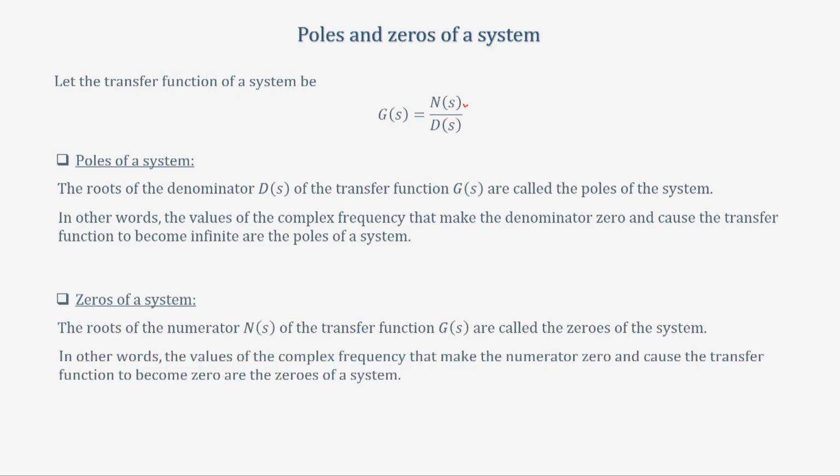Zeros are the roots of the numerator of the transfer function. In other words, all the complex numbers which, when we plug them in place of S, lead to the transfer function becoming 0 are the zeros of the system. That is how we define poles and zeros of a system.